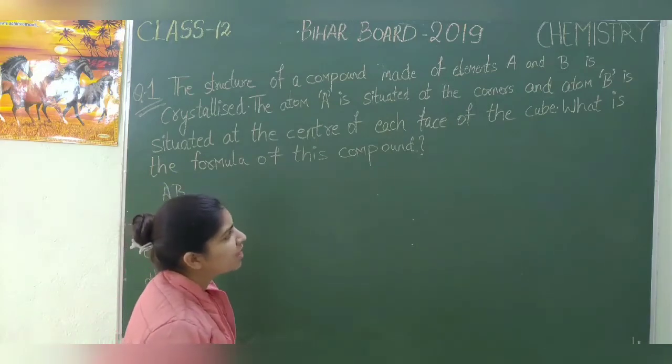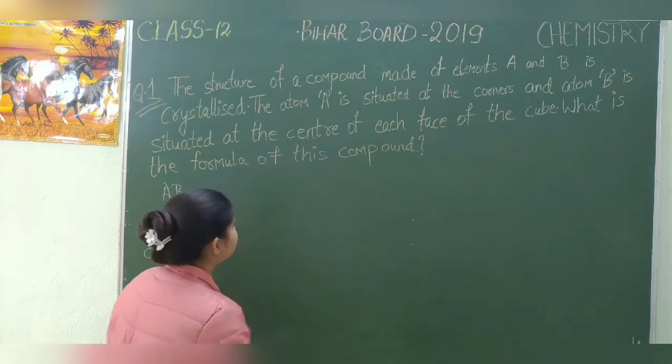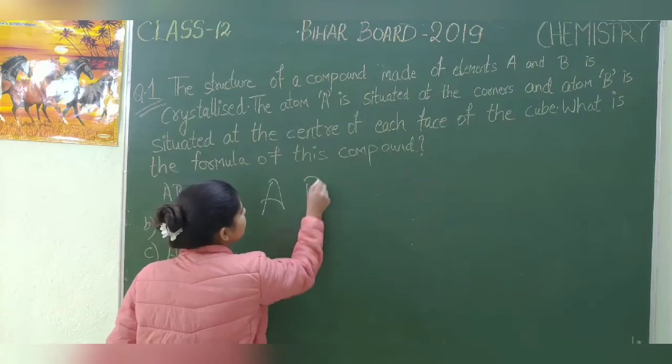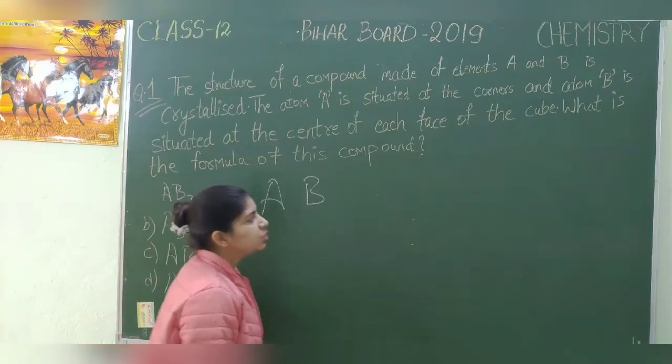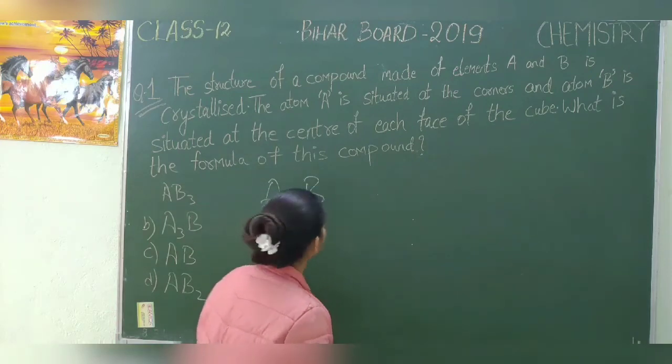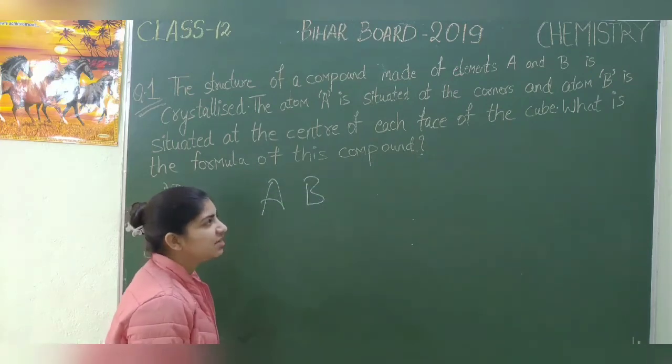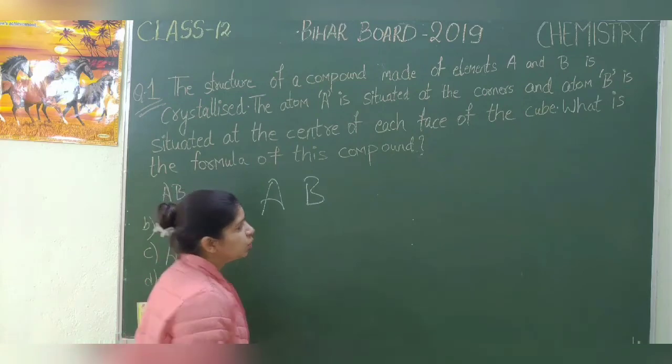that is the structure of a compound made of elements A and B. There are only two elements, A and B, crystallized. The atom A is situated at the corners and atom B is situated at the center of each face of the cube.